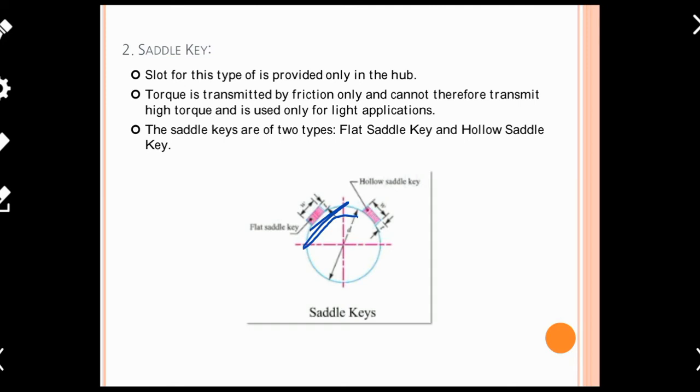Whereas if you find a hollow saddle key, then the bottom surface or bottom plane of that key is made a little bit curved in shape. So this curved shape exactly fits on the curved outer surface of the shaft. So this is the kind of types of flat and hollow saddle key.